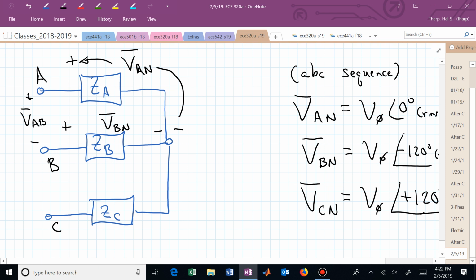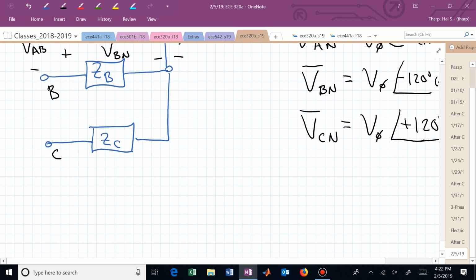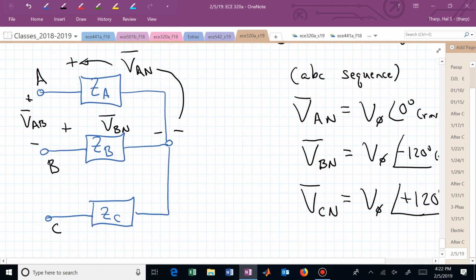And now we just fall back on what we know, right? KCL or KVL. We're dealing with voltages. Let's just do a KVL equation. We have a mesh looking at us, and it's going to involve V sub AB, V sub AN, and V sub BN. Let's write that KVL equation. KVL now, in this Y configuration of a load, says that minus V sub AB, all I'm doing is going around here.